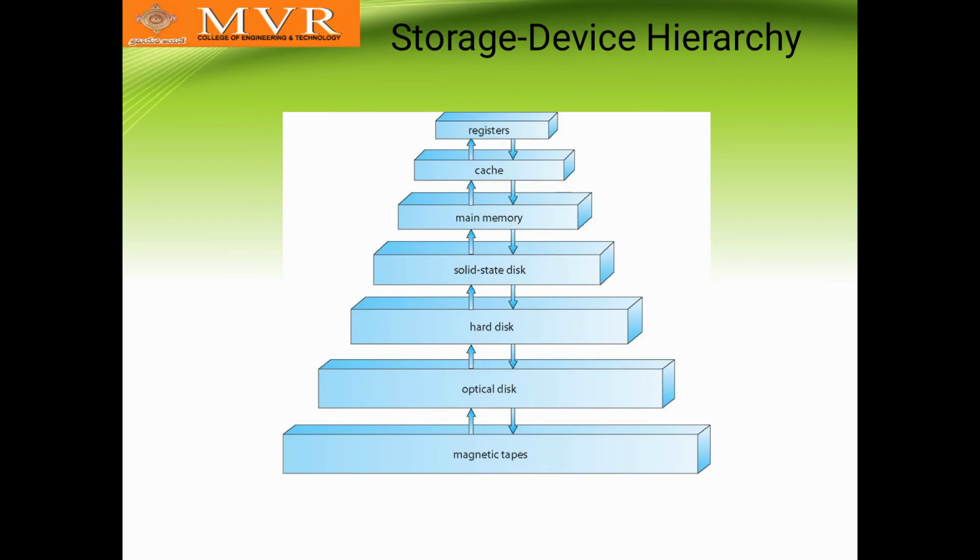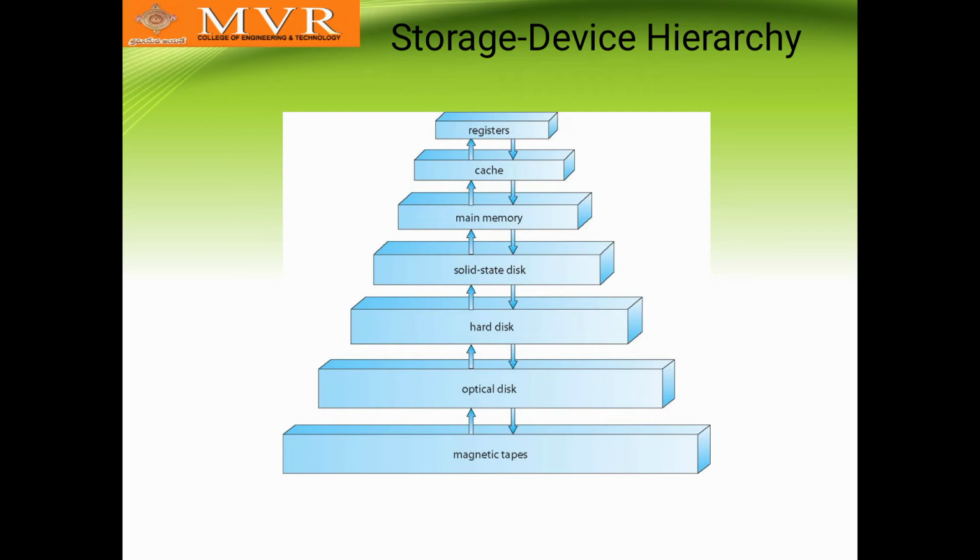See this hierarchy from down to up: magnetic tapes, optical disk, hard disk, solid state disk, main memory, cache memory and registers. Here we divided the hierarchy based on cost, speed and reliability. Okay, magnetic tapes have very little memory and are expensive in cost.